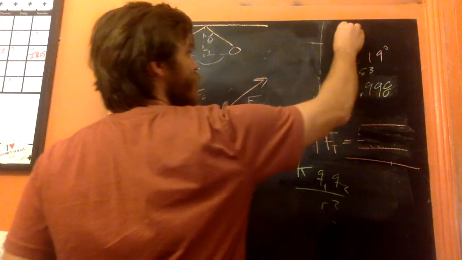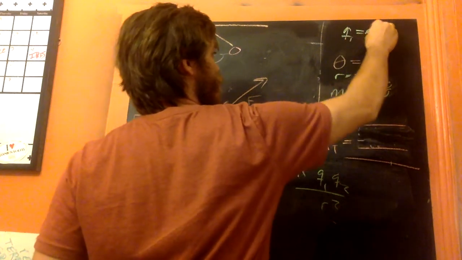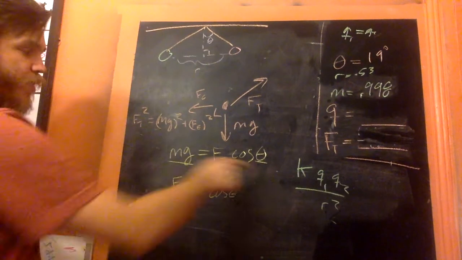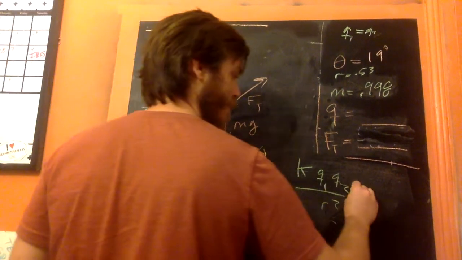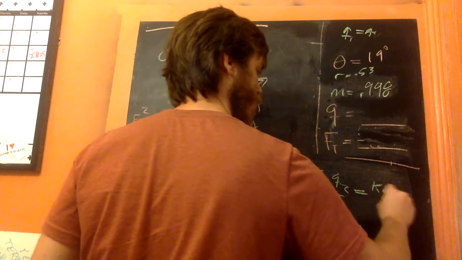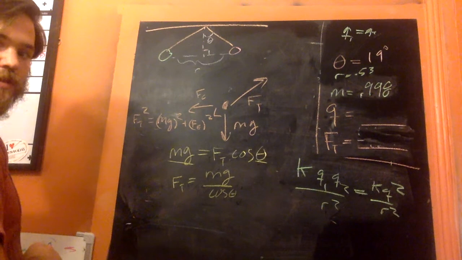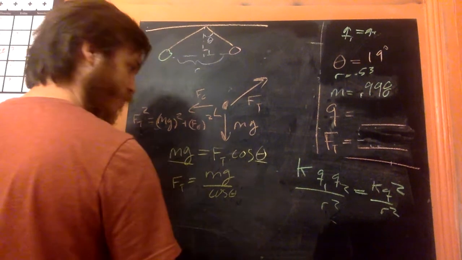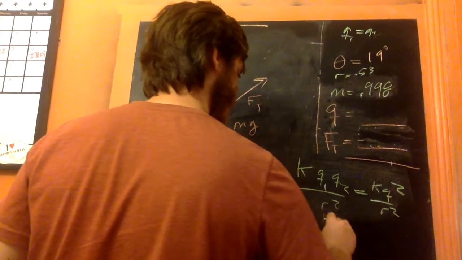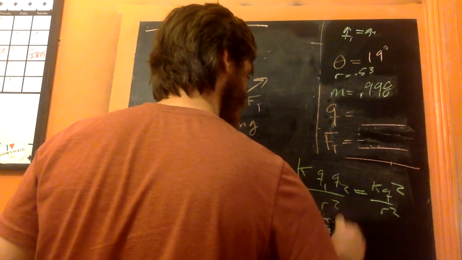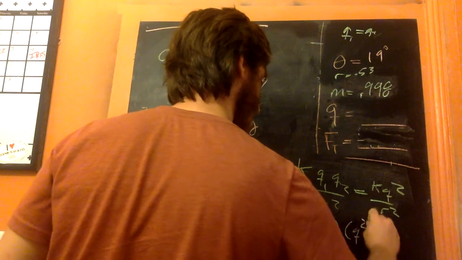So let's write that here just to be clear. So we can rewrite this as K Q squared over R squared. And taking one more small step, we have K over R squared times Q squared.